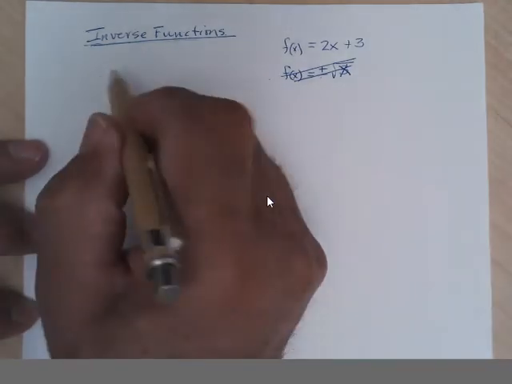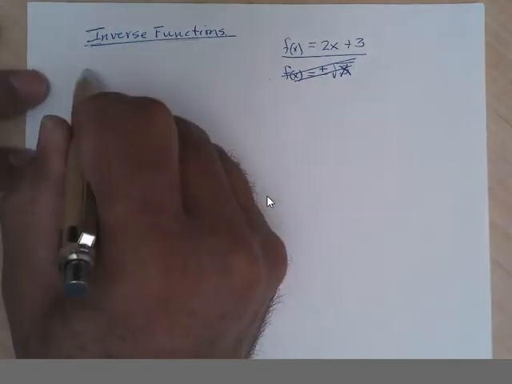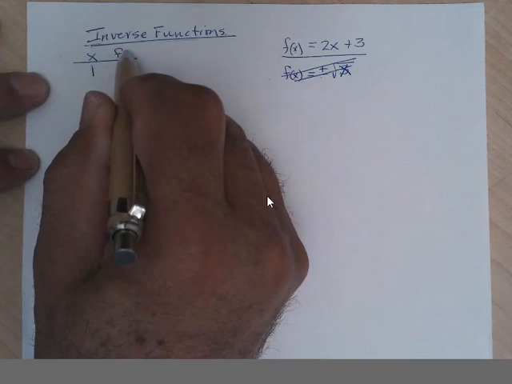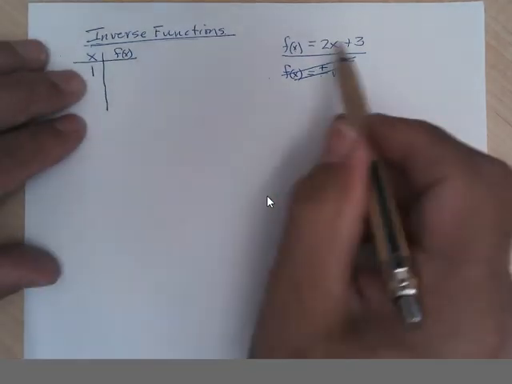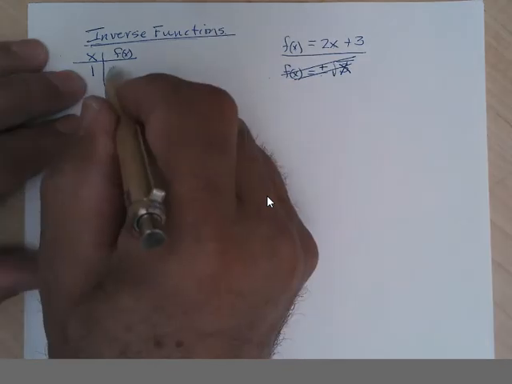For example, let's take this one here. If I put in 1 for x, what I get out for f of x, or the y value, if you will, I put in 1, I get 2 times 1 is 2 plus 3, 5.